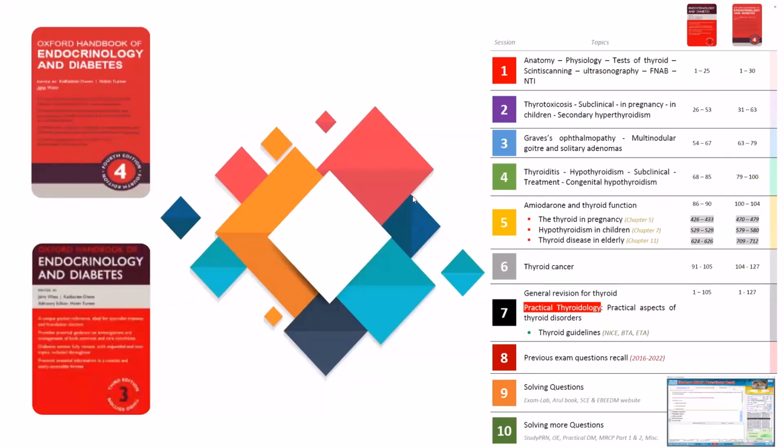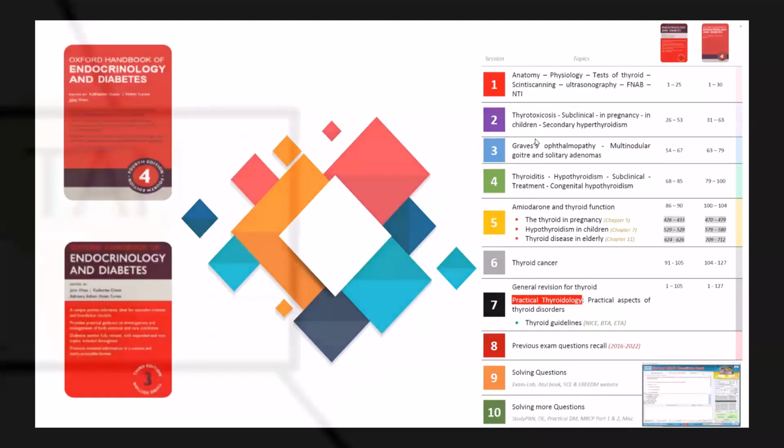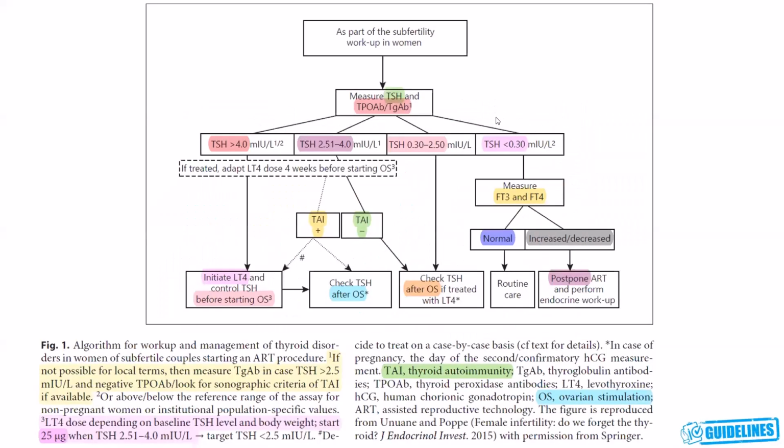Before starting another topic, yes, I want to ask: if the patient's TSH is between 2.5 and 4 and autoimmunity is negative, do we need to start levothyroxine or not? I missed this point. Actually, in this situation, the guidelines do not recommend starting thyroxine except if the patient presents with repeated abortion, for example.